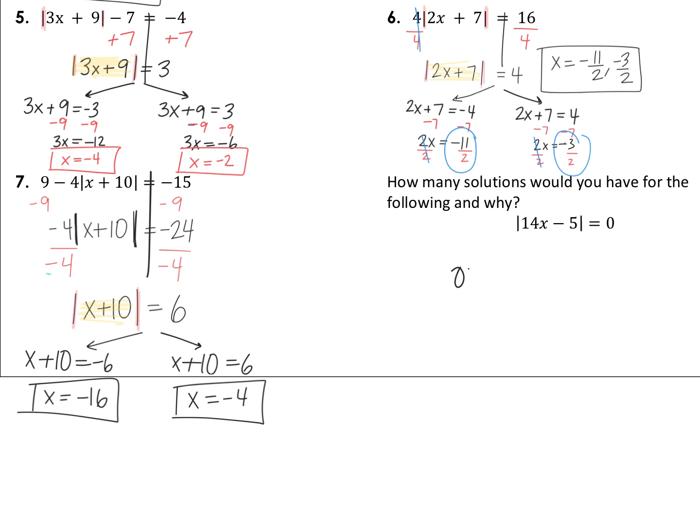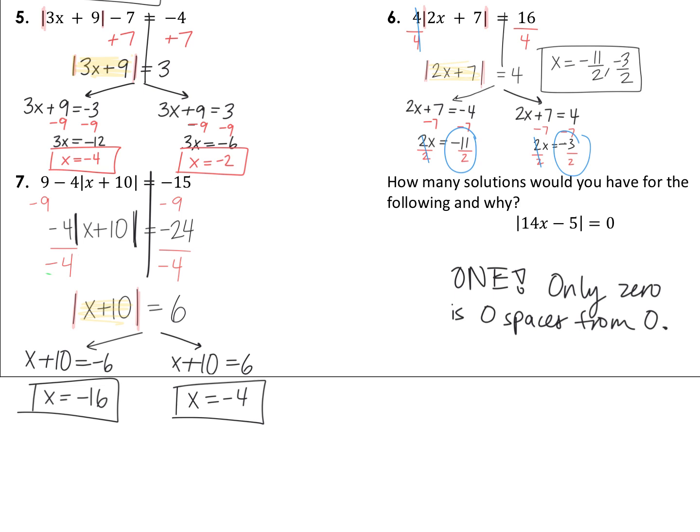So it would have 1 because only 0 is 0 spaces from 0. I don't know. You can explain it if you want.